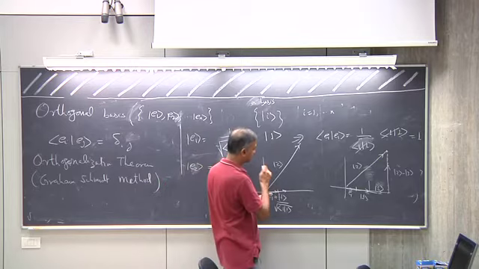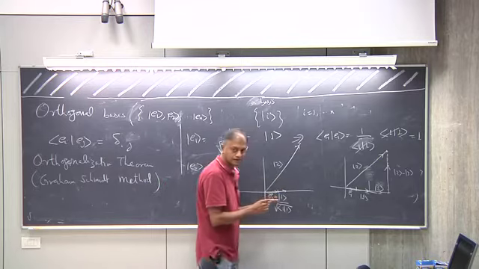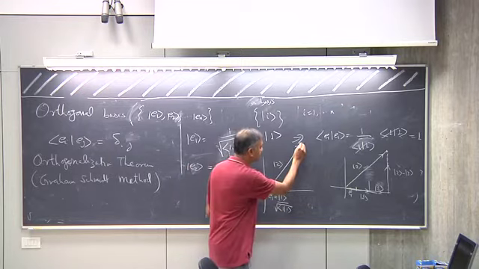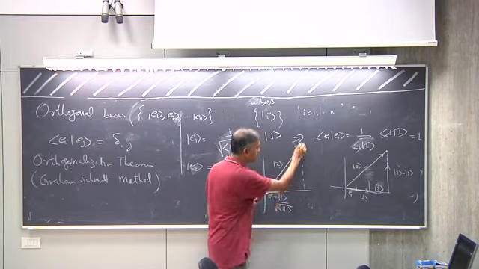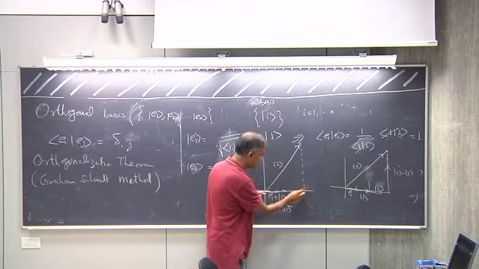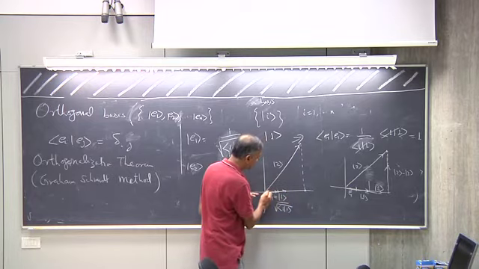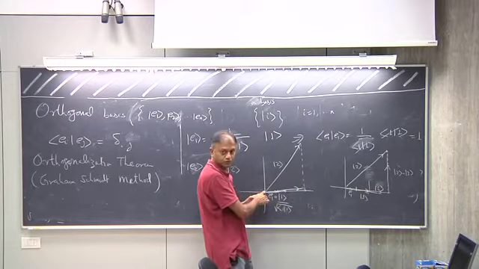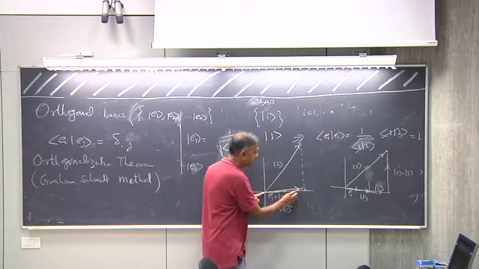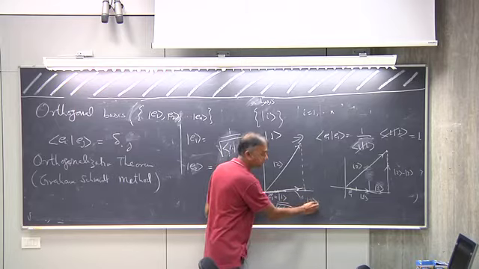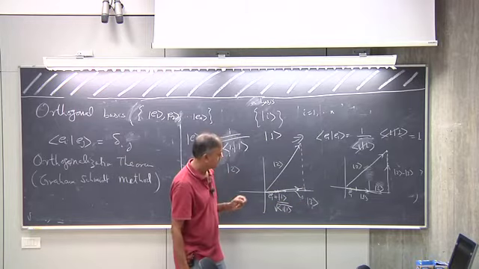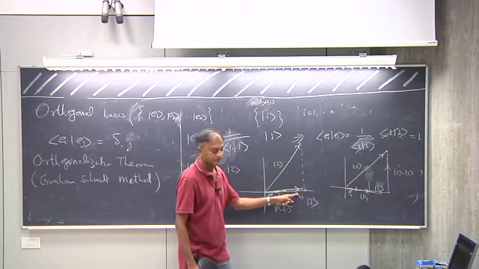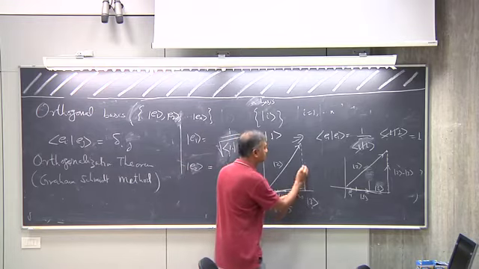Now I take the second vector. The second vector is not orthogonal. But what I can do is draw a perpendicular here. This will intersect at some point. Draw the vector joining the origin to that point, and call this vector 3. Now take the difference between vector 2 and vector 3. That difference will be simply this.